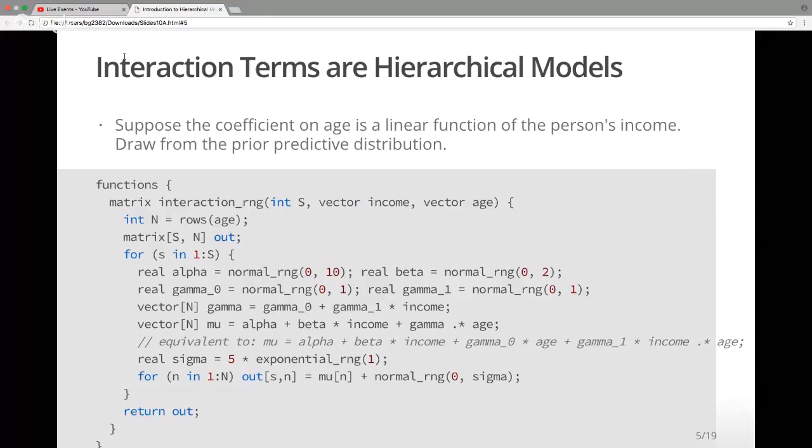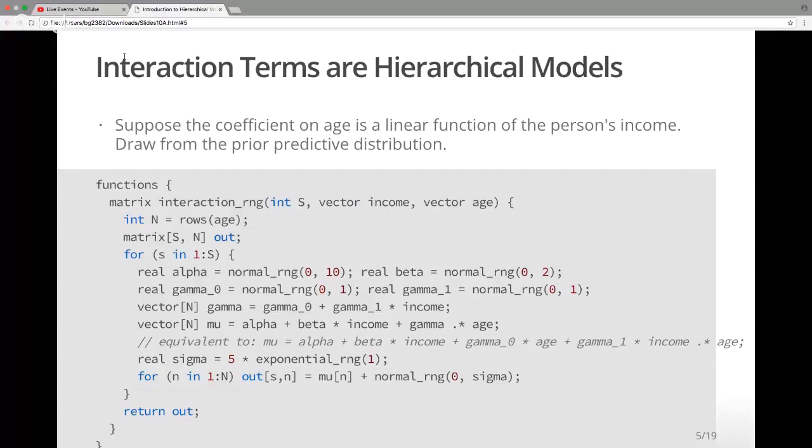So gamma is the coefficient on age, but each person has their own gamma, because this gamma is a function of the person's income, which is unique for every person. And so basically you have a linear model within a linear model. Gamma is a linear function of income with an intercept and a slope. And this gamma in turn is the slope for the age predictor in this model.